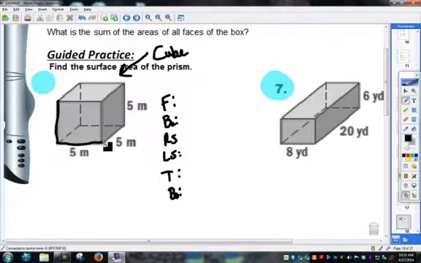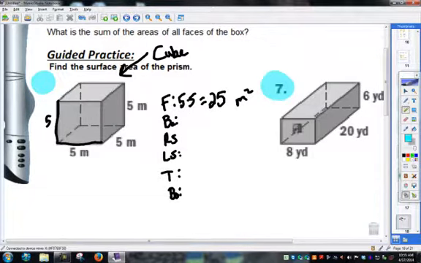The base, this thickness here, and then the height of it, they are all 5. So I know this is a cube. So that tells me that this is a 5 by 5. So that's going to be 5 times 5. So I know my area is 25 meters squared.